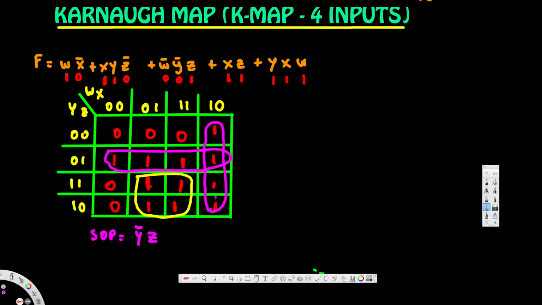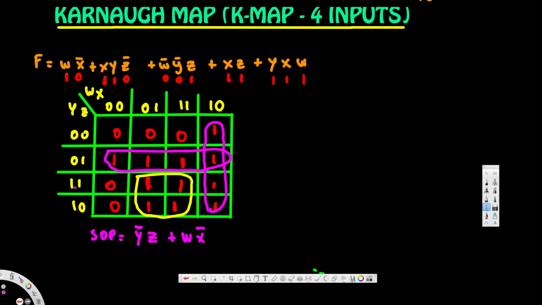And if you look at this one is 1 0, wx is not changing, but yz is changing, 0 0 1 1, 0 1 1 0. So wx is not changing, so w is already 1, but x is 0, so we have to put x complement. Now let's look at this one.